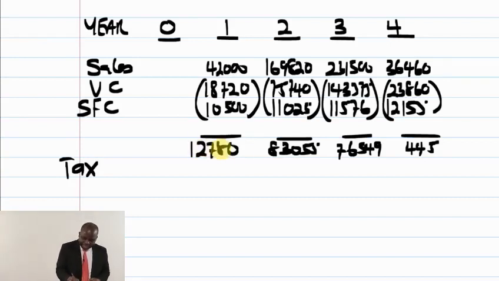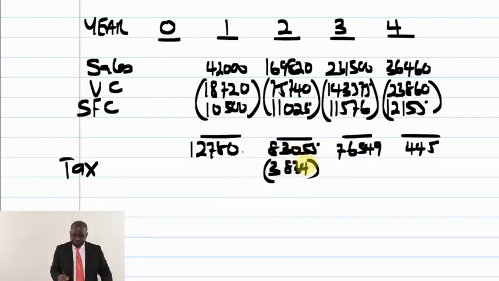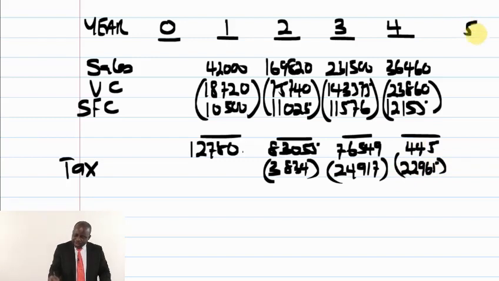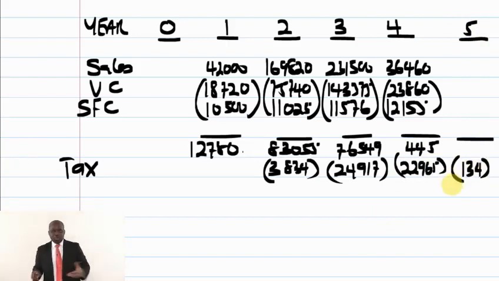So when we apply 30% of the 12,780, it's giving us 3,834. 30% of the 83,055 will give you 24,917. 30% of the 76,549 will give you 22,965. And this is the time I will create my year 5, and 30% of the 445 should give you 134.